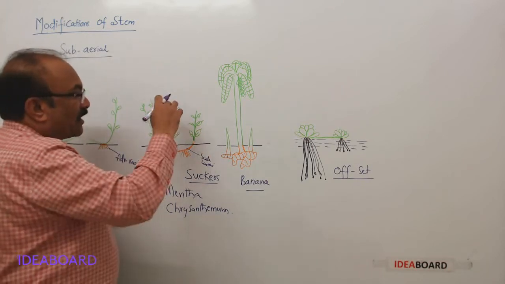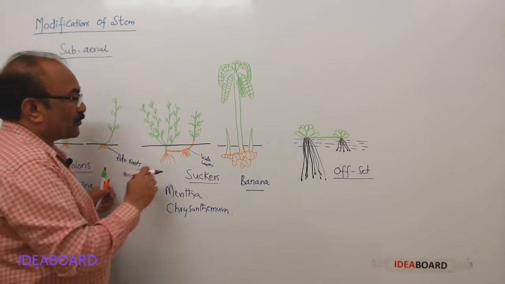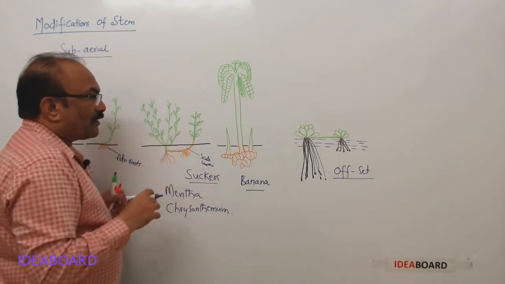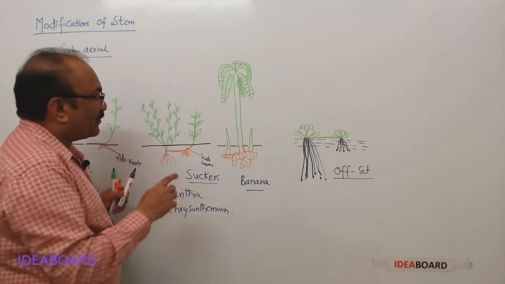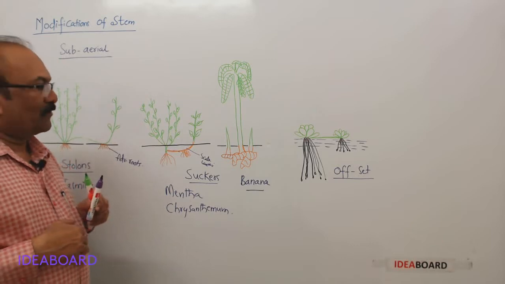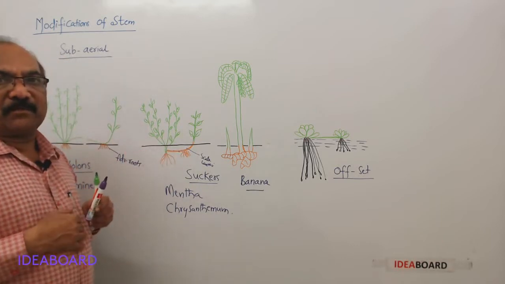And so this underground branch, which is becoming aerial and which has produced adventitious roots, will become an independent plant whenever it is separated from the parent plant. So the sucker is also helping in vegetative propagation.